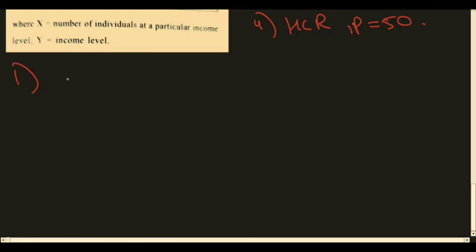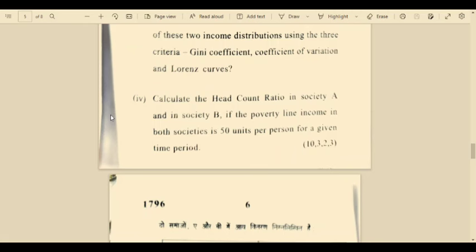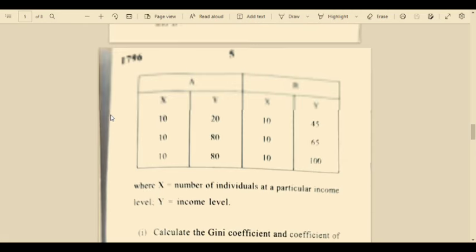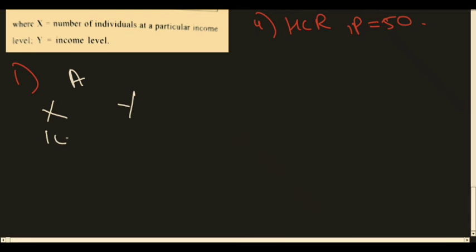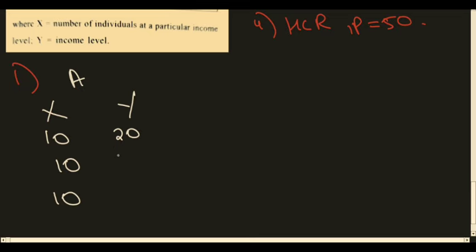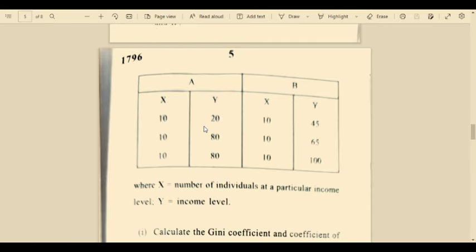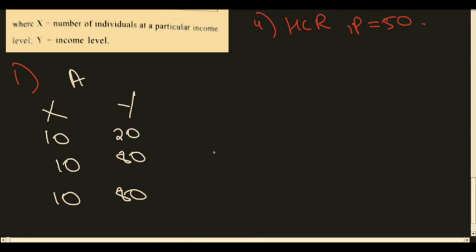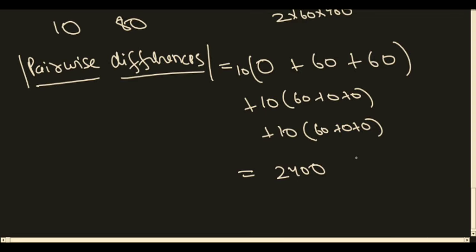Alright, so we have country A here. Here we have X, basically 10, 10 and 10, and Y, 20, 80, 80.